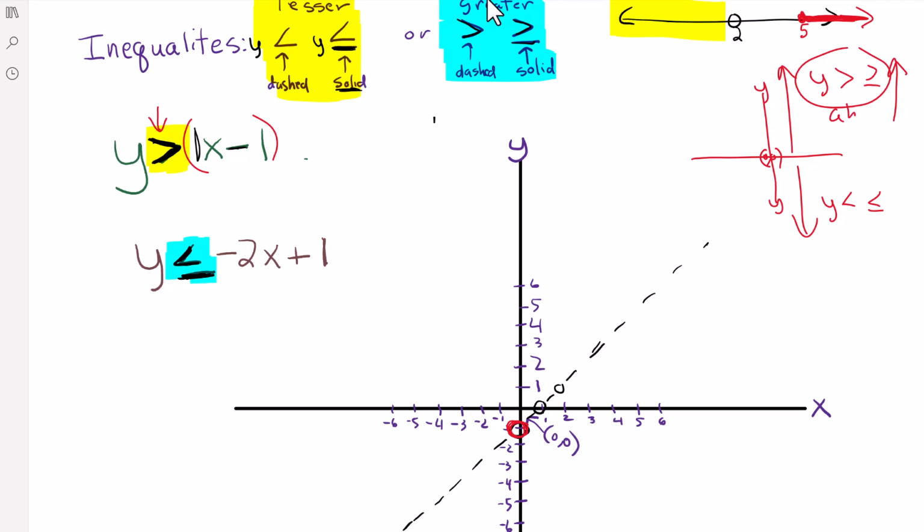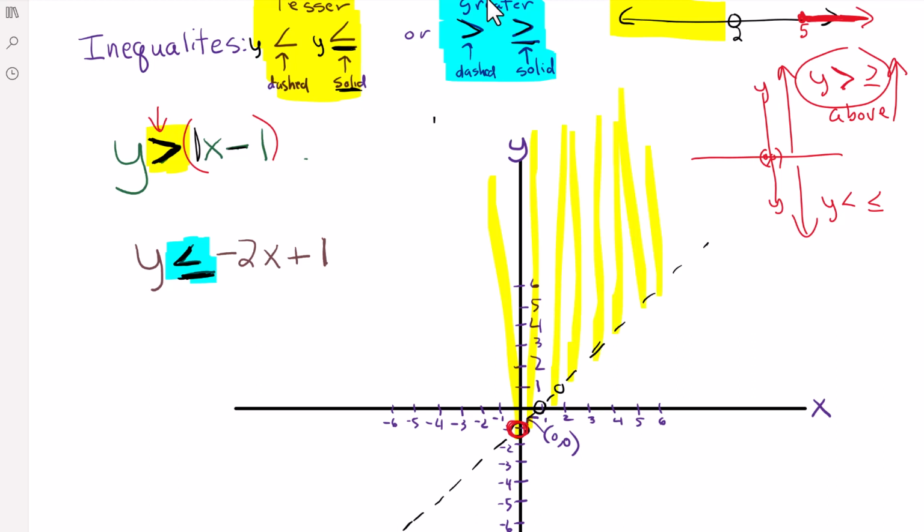So you shade above when it's y is greater than. So I'm going to take the -1 and the y's get bigger up here. And notice I'm just going to do some vertical lines. I could have done horizontal lines, and I'll show you in a minute why I chose to do that.